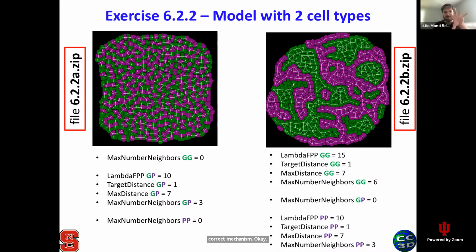You should know that the cells are pulling each other through protrusions, right? You have to induce cell sorting in your model with protrusions, with links like this, not with cell adhesions.